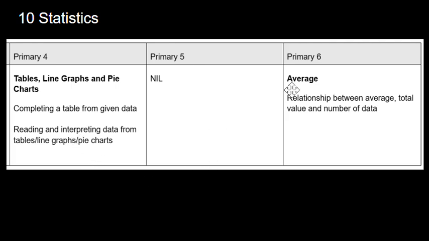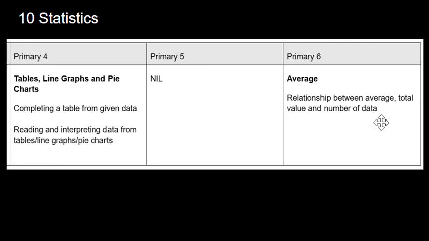By P6 they will start doing things like average, total value, and the number of data. They will give you a table, for example, same thing, a library: 10 students borrow 2 books, 20 students borrow 3 books. On average, how many books does each student borrow? So they will have average.